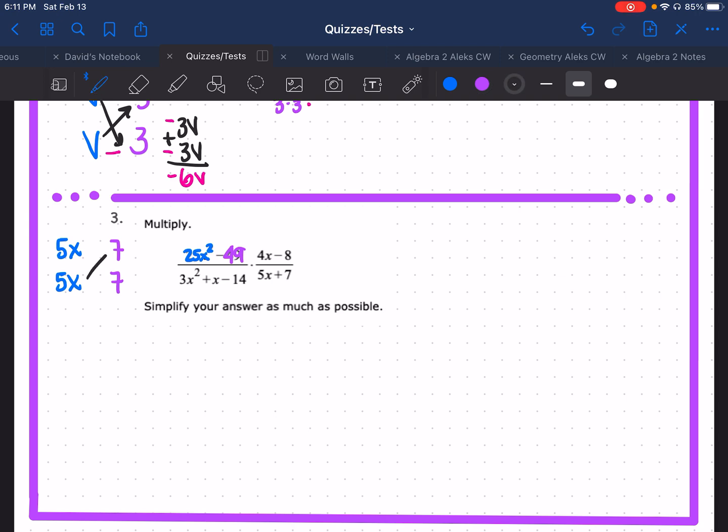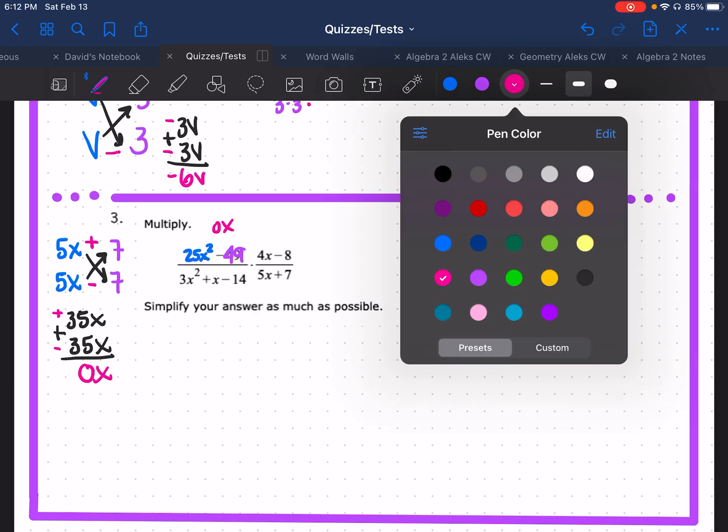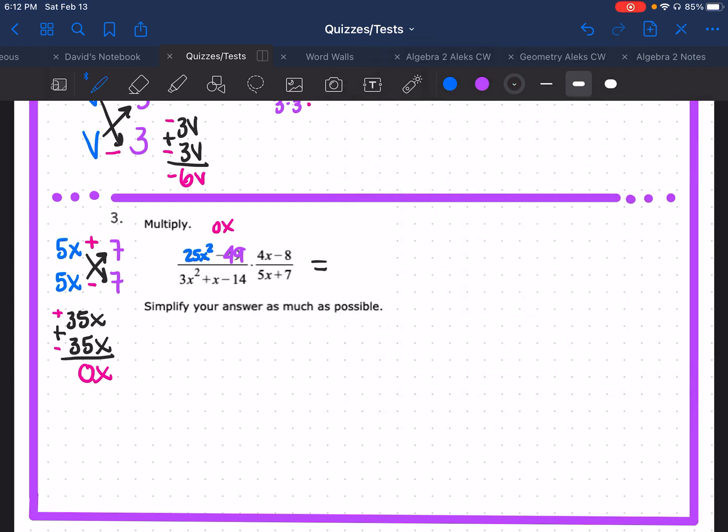So if I crisscross multiply, I get 35x, 5 times 7, and 35x. If I add those two together and I make one of them positive and one of them negative, I get a 0x, which is exactly what I have right here in between my perfect squares. And so here are my two first factors for my first numerator.